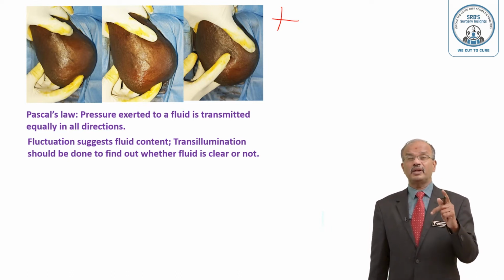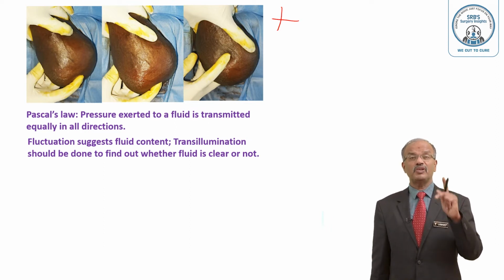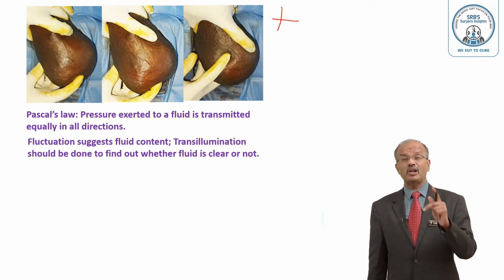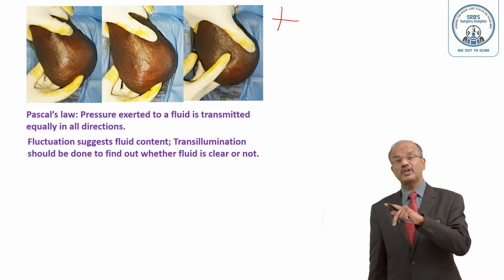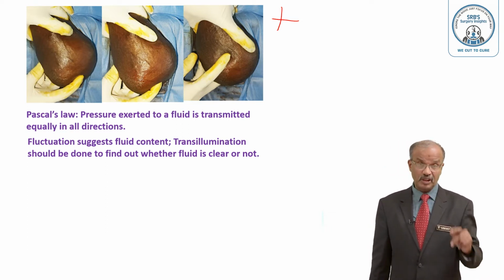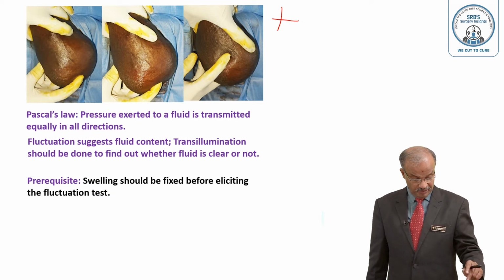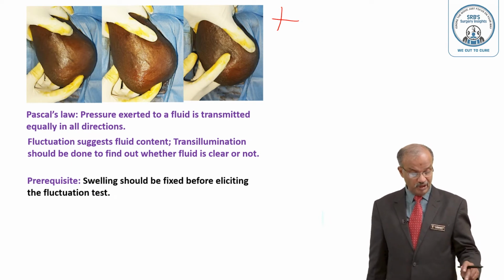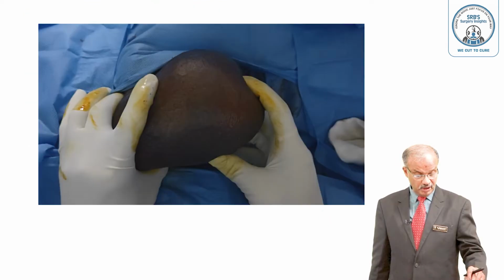If it is not trans-illuminant, the swelling does not contain clear fluid. So if the fluctuation test is positive, I always make you do the next step, the transillumination test using a pen torch. The prerequisite is that the swelling should be fixed before eliciting the fluctuation test, as I already told you.